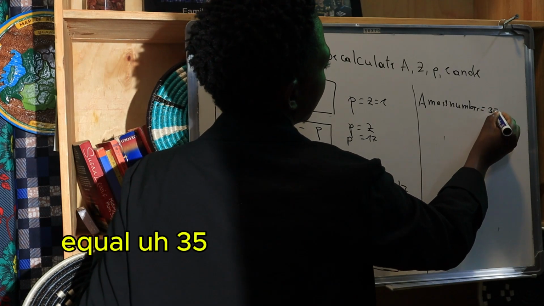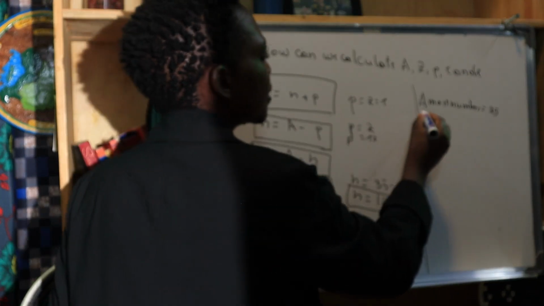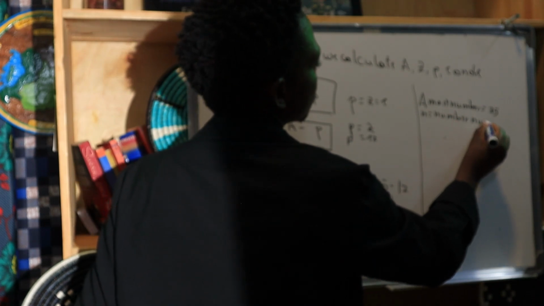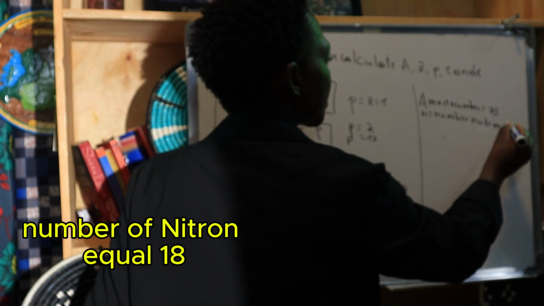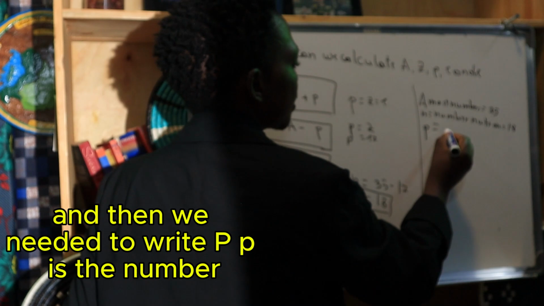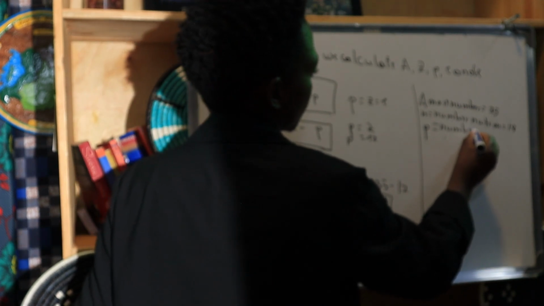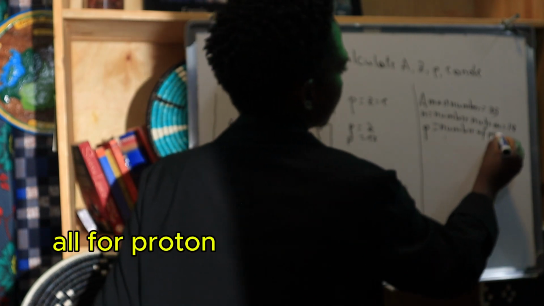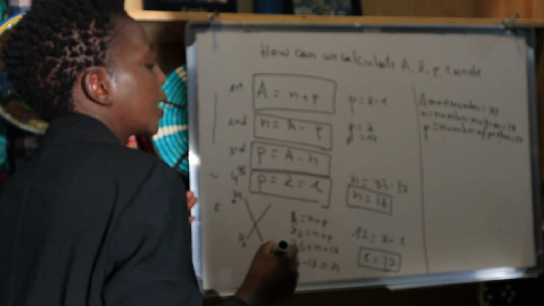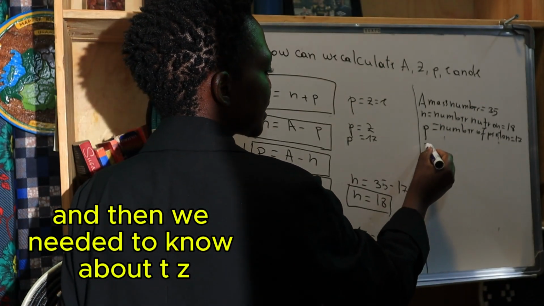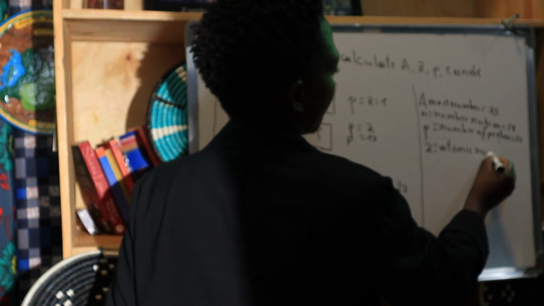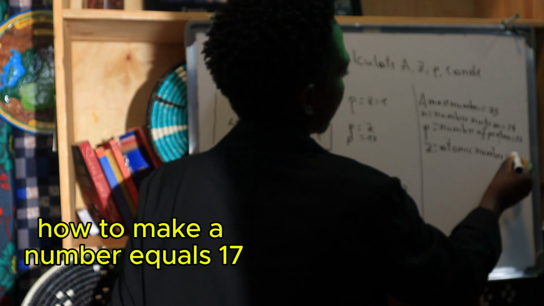So let us write the value of each component. A, the mass number, equals 35. Then N, the number of neutrons, equals 18. P, the number of protons, equals 17. And then Z, the atomic number, equals 17.